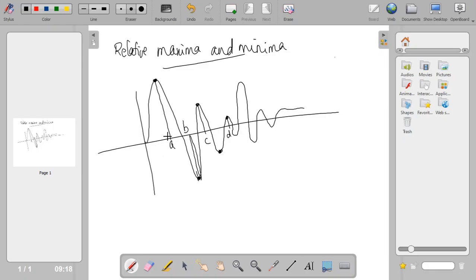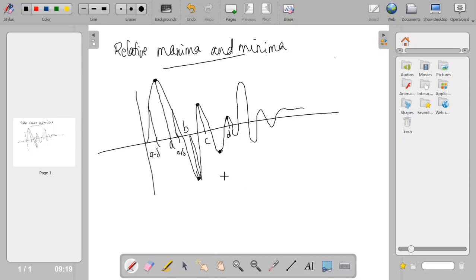So if you look at the point A, take an interval containing A. Let me take it as A minus delta to A plus delta. If you look at the function values, f of A minus delta comes here, f of A plus delta comes here.